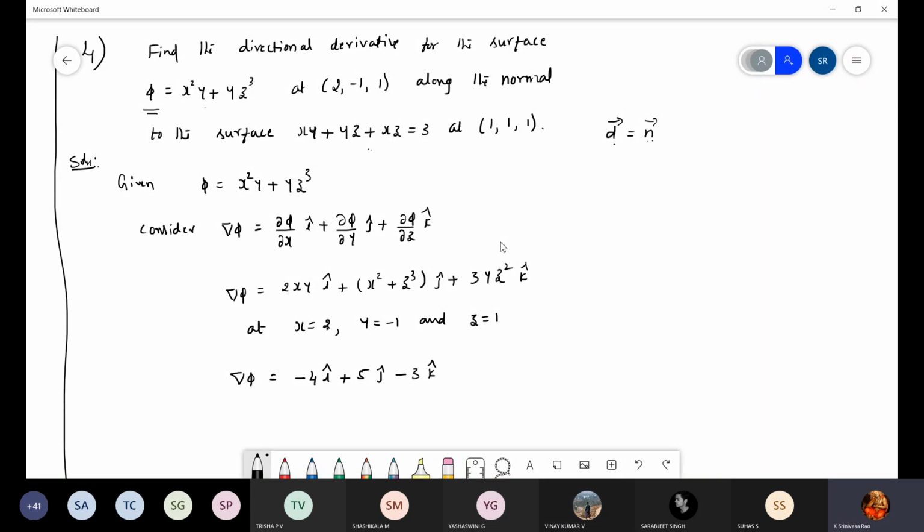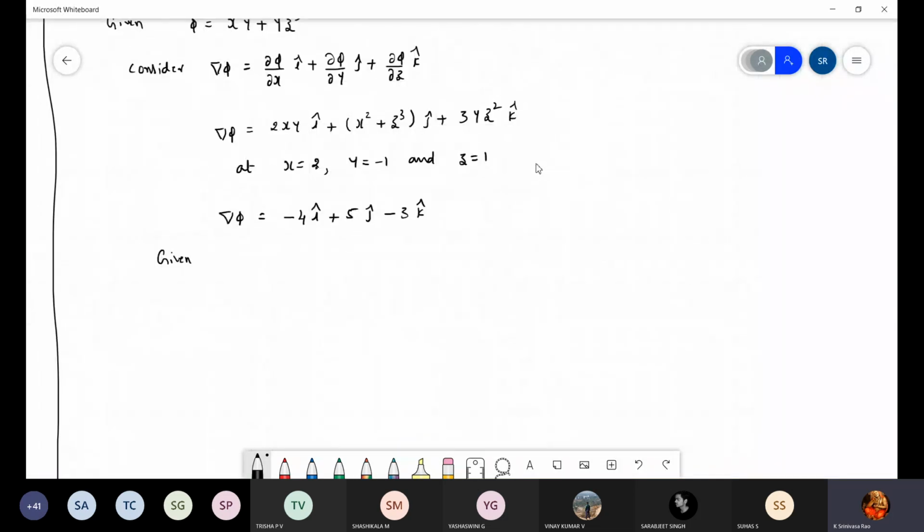In the formula, this grad phi is the first vector. Now, next, given d equals the directional vector, which is vector n, the normal vector. n stands for a normal to the surface.